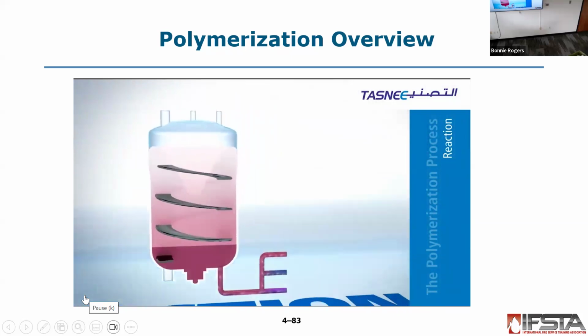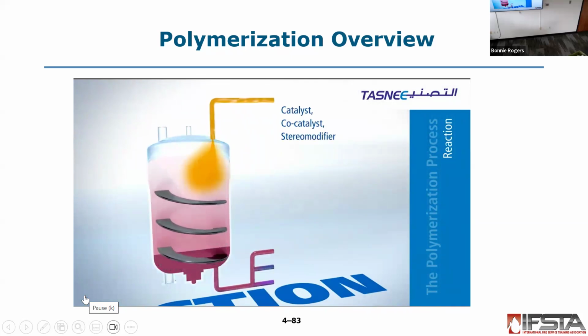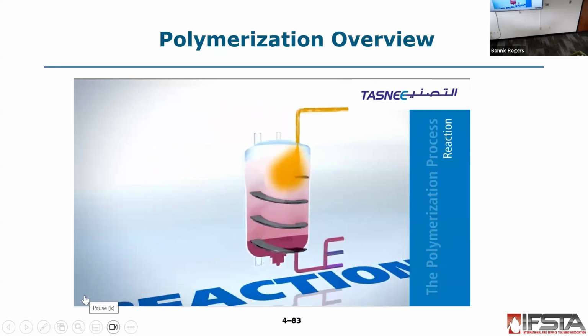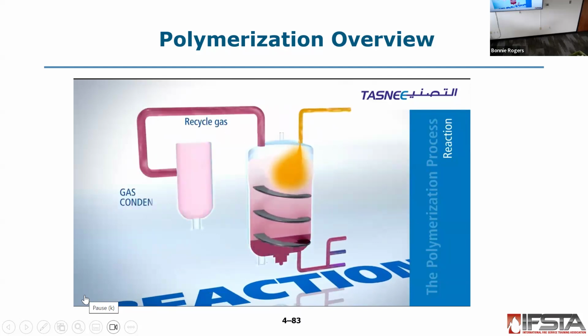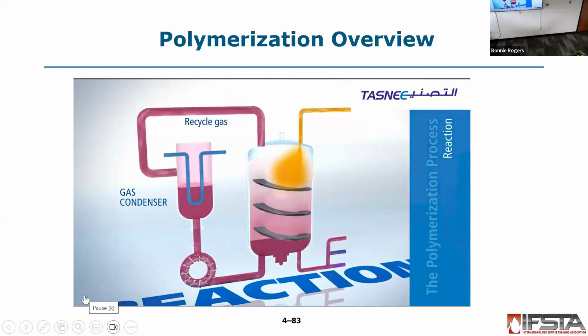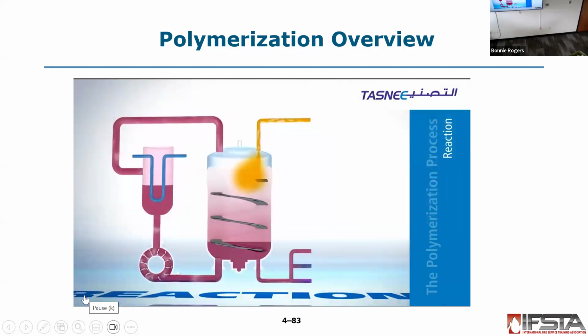Solid catalyst is introduced to the reactor to kickstart the formation of polymers. While this is happening, a lot of heat is created, which is unfavorable in polymer formation. So this heat needs to be dissipated. The unreacted monomer is recycled, cooled, and compressed, and then pumped back into the system to regulate the temperature. And this ensures that the monomer can be polymerized to specifications.